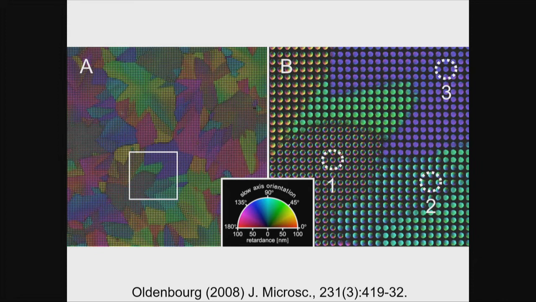And so you have what's also called, in polarized light microscopy, conoscopic imaging. Conoscopic, so is the angle in Greek. It's a traditional technique, but here applied many times over the field of view.